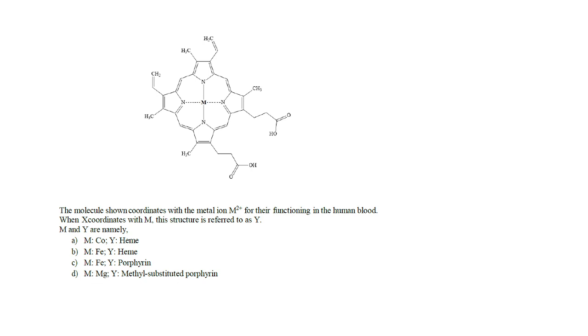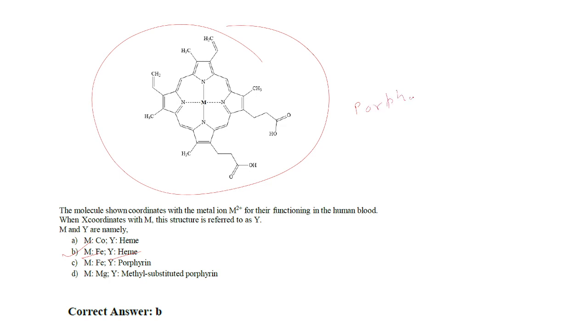So M is Fe, and Y is heme. Yes, answer B is correct. So this is a porphyrin, right?